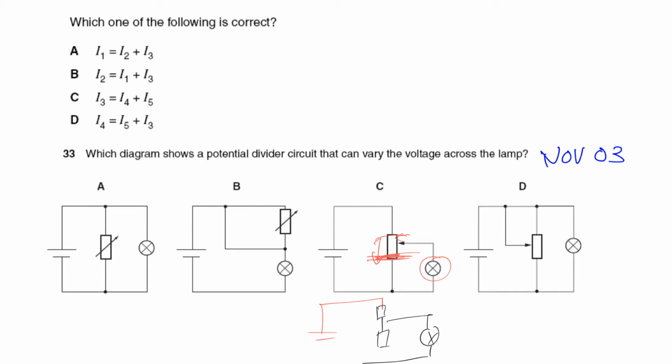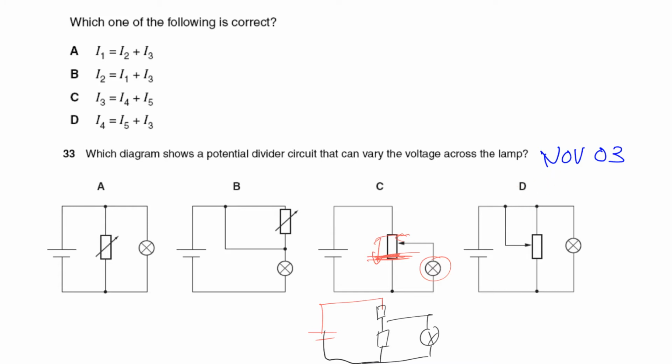So it's something like this. Okay, so this is your circuit. You understand? So when you move the slider back and forth, you're changing these two resistances. When you change the two resistances, the current flowing through here and here will be different. Okay, so this can act as a potential divider.